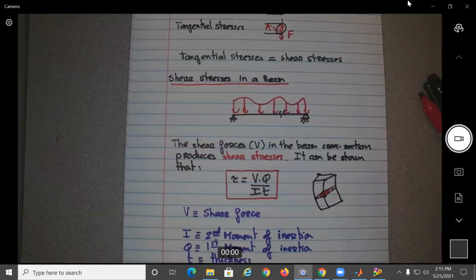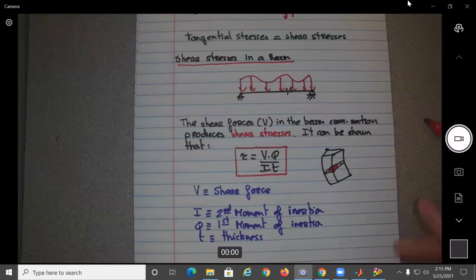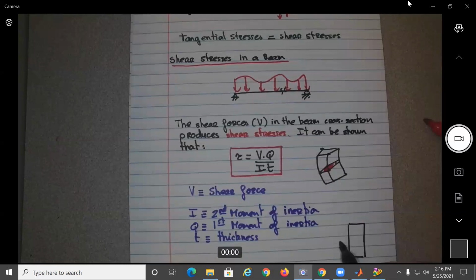Okay, so let's see if we can get that kind of result using the math. So let me give you some equations here. If this was a rectangular cross section, I'm sure you derived in solids that the shear distribution will be like this.